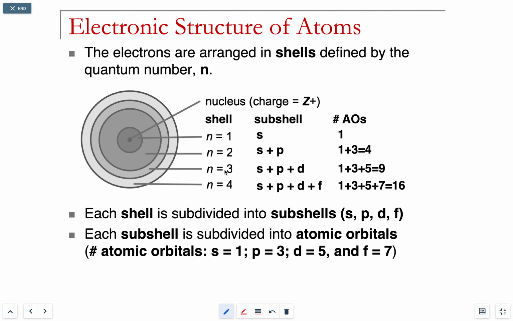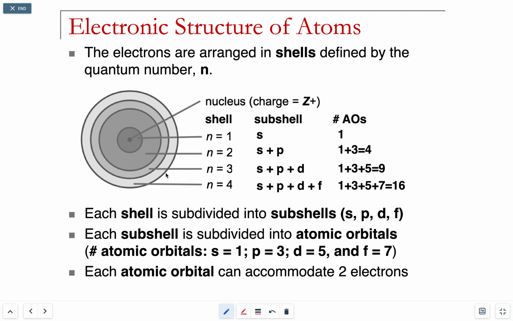In the n=3 shell, we have S and P, so that's a total of 4, and now we have 5 d orbitals, so 1 plus 3 plus 5 is 9 atomic orbitals in the n=3 shell. And then in n=4, we have S, P, D, which is 9 atomic orbitals, and now we add to that 7, so 9 plus 7 is 16. So what we're writing here is the total number of atomic orbitals that quantum theory predicts for each shell.